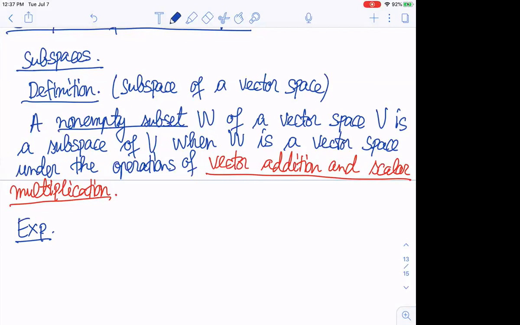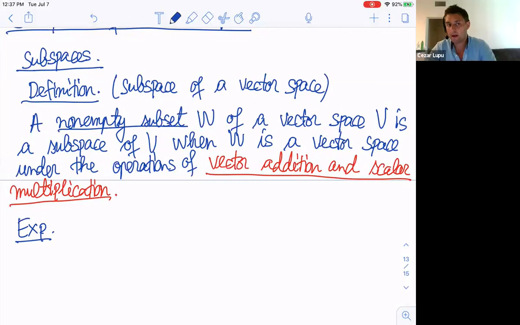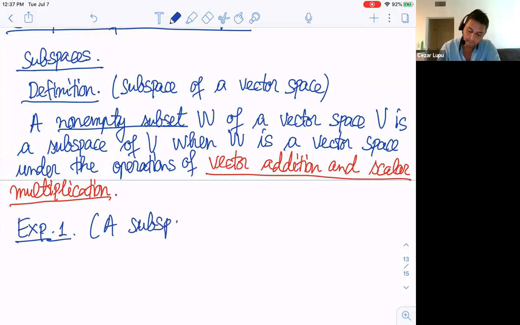So the example that I have in mind, example 1. This is a subspace of R3.